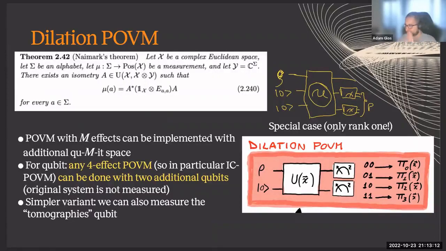In fact, we use a little bit simpler method, which uses one less ancilla. Instead of having two qubits as ancilla and measuring both of them, we have one ancilla, but we also measure the state which we want to understand. What is important is that this unitary operator cannot be completely arbitrary.